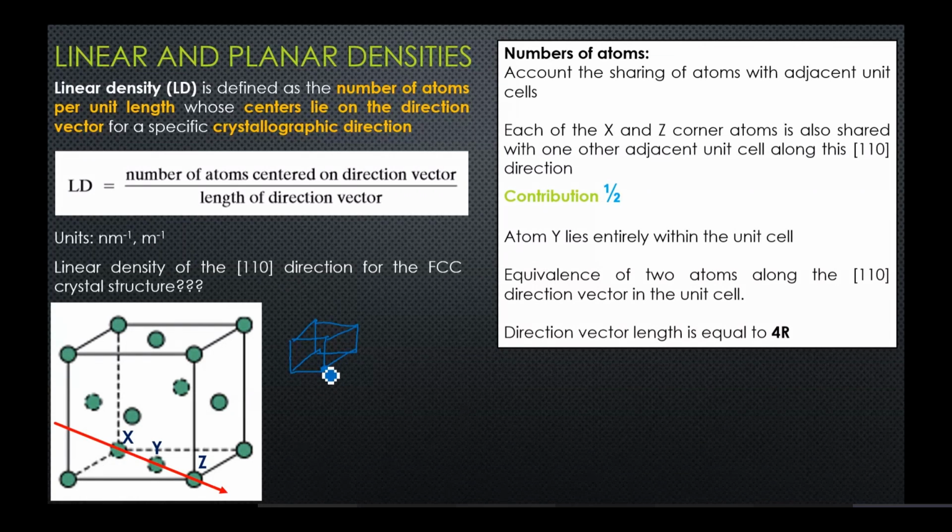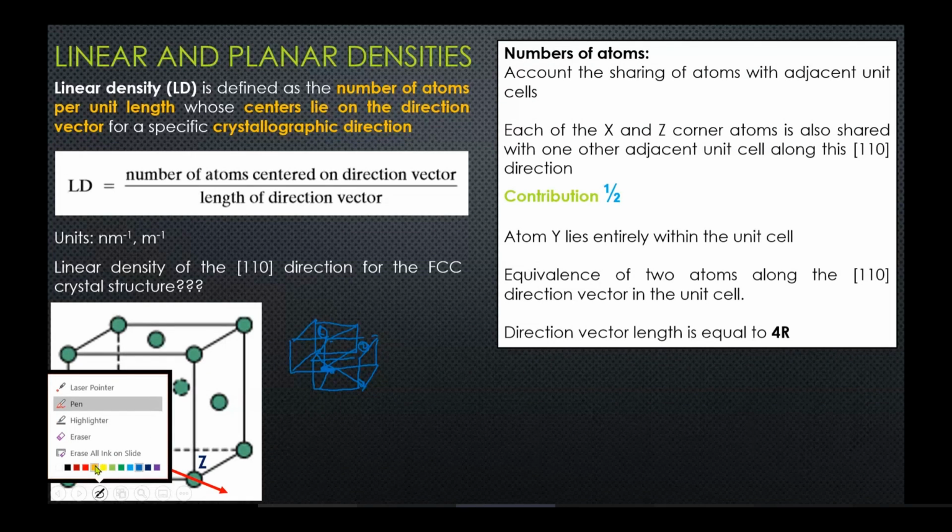If you have an atom over here, this atom would be shared by another adjacent unit cell along the same direction. So if you have this direction, this atom is shared by this unit cell and this unit cell along the same direction. Clear?